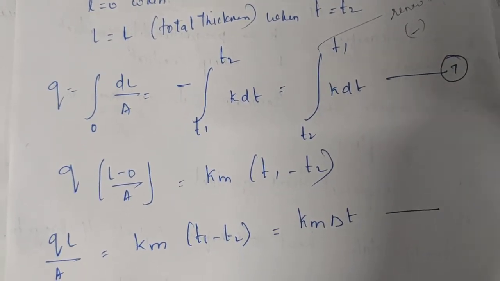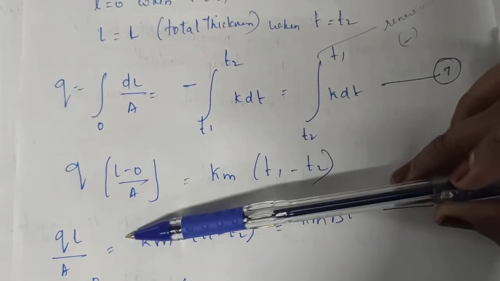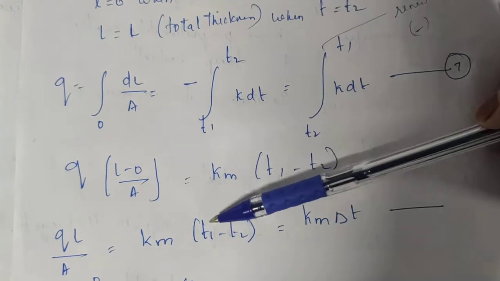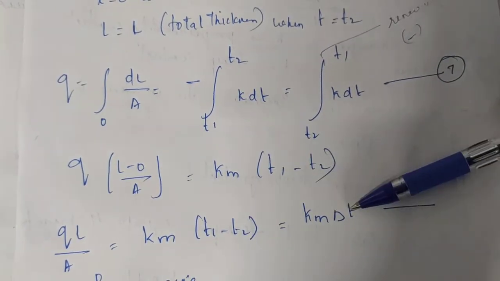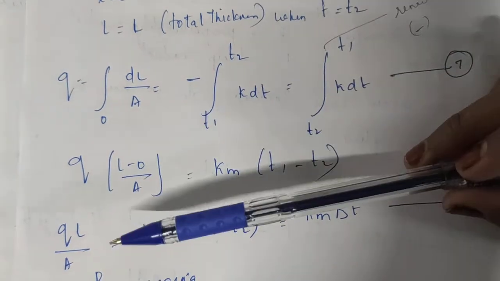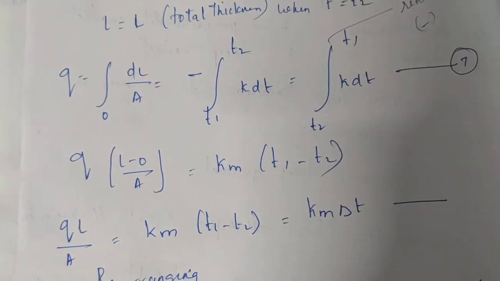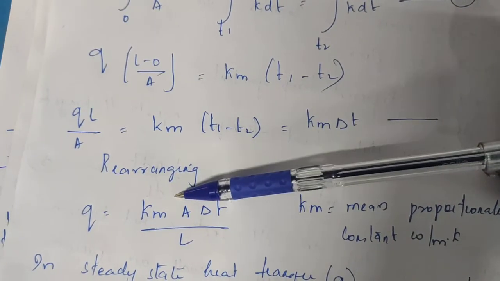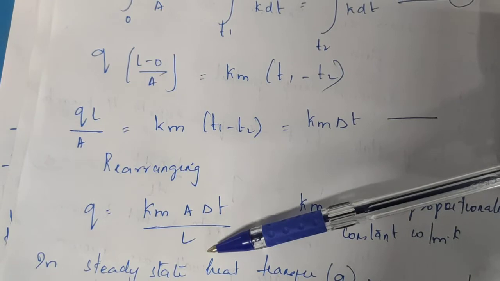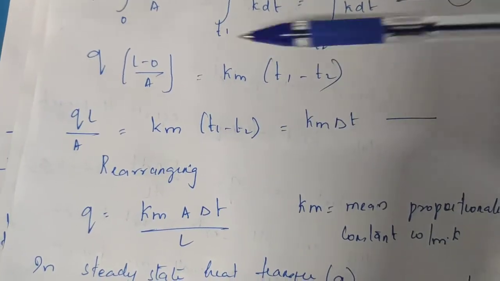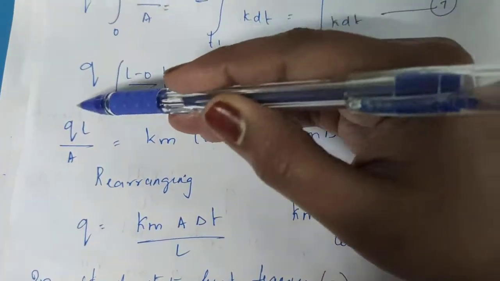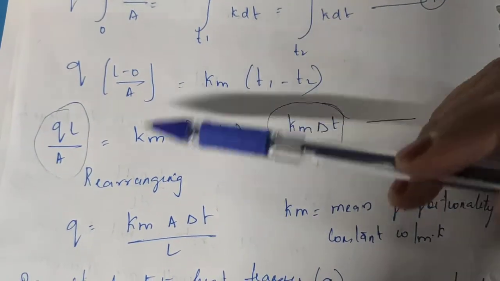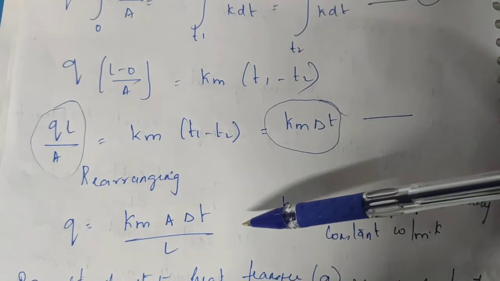After simplifying, we get QL by A is equal to km (T1 minus T2), and in place of T1 minus T2 we can write delta T, hence km delta T. So QL by A is equal to km delta T. When we rearrange this equation, we get Q is equal to km A delta T by L.